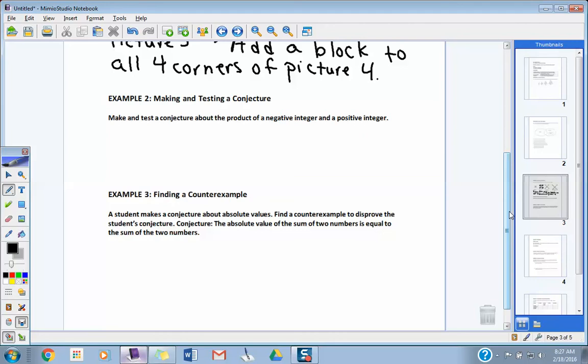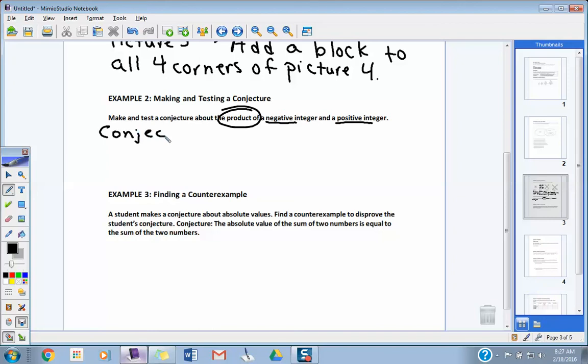So in example 2 right here, guys, it says make and test a conjecture about the product of a negative integer and a positive integer. Okay? This word product, what operation are we discussing? Multiplication. So we obviously know that a negative times a positive is what kind of a number? Negative. So that would be a conjecture we're going to make.